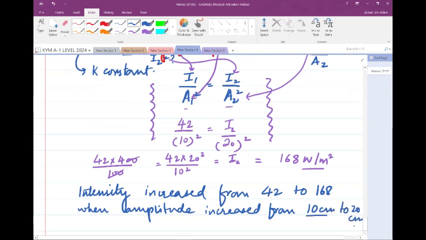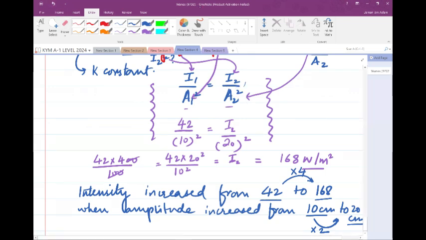You can see that the amplitude got increased to twice. The intensity got increased to 4 times of its original value. Amplitude got increased by 2 times, and the intensity got increased by 4 times. This happens because of the square on the amplitude in the equation.